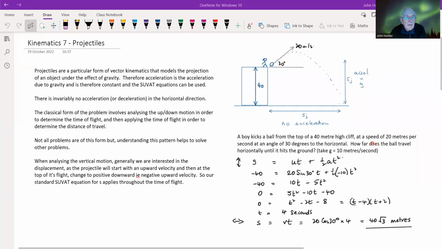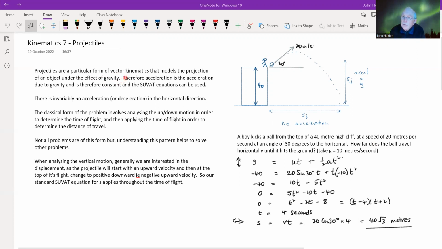Okay, this is the seventh video in the kinematics section, and it's about projectiles. Projectiles are a form of vector kinematics that model the projection of an object under the effect of gravity. The acceleration is going to be the effect of gravity.